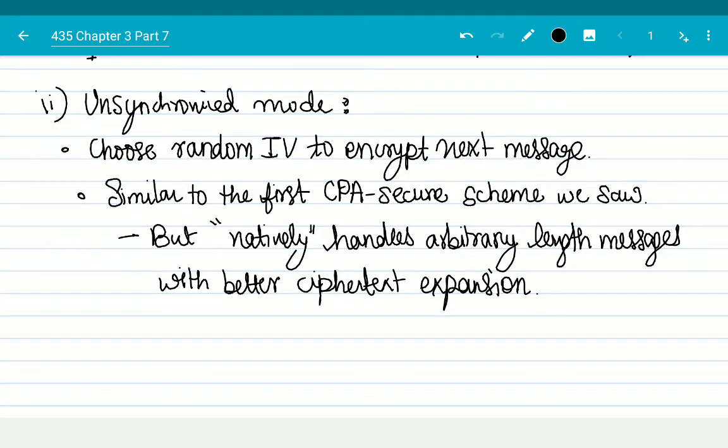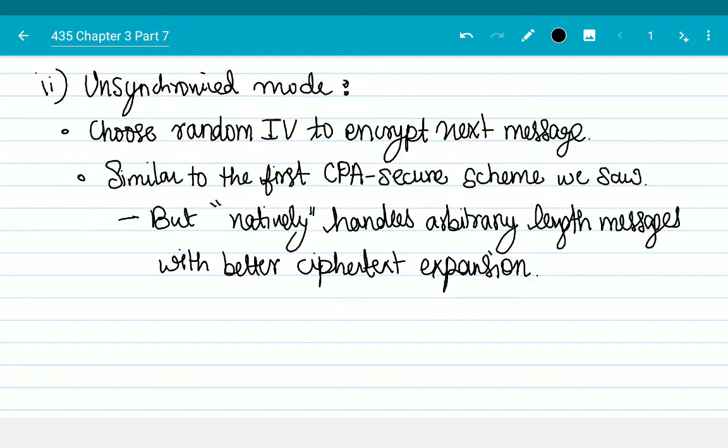So how does this work? The idea now is that the initialization vector, which is your key, is being shared. So again, keys need to be shared, right?